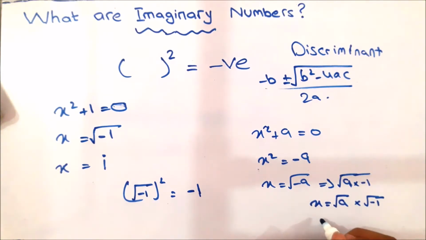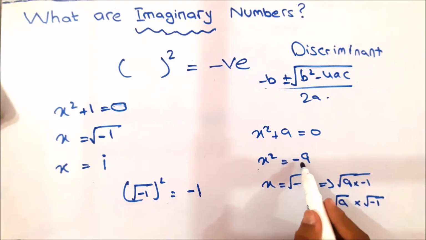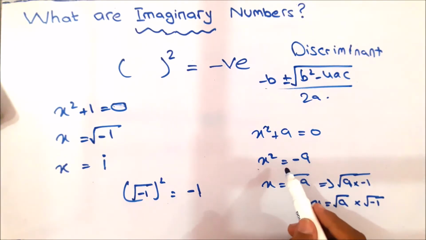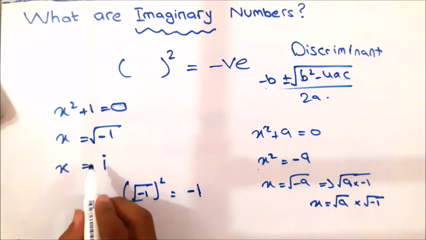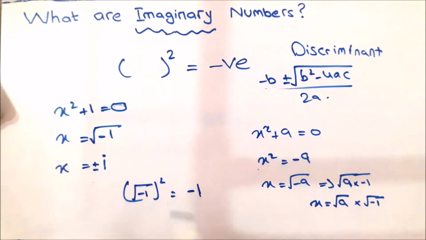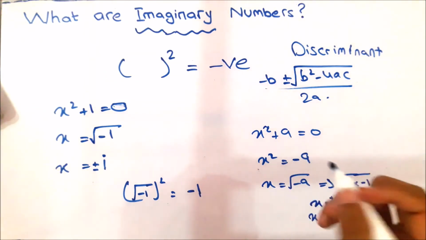Under root 9 is 3. Whenever we have a squared term and a constant on the other side, we use the plus minus sign, so here as well we get plus and minus iota. So x equals plus and minus 3 iota. Under root 9 is 3, so we get 3 iota.